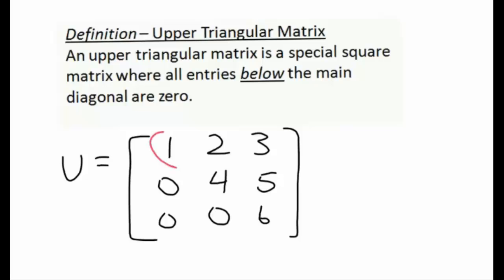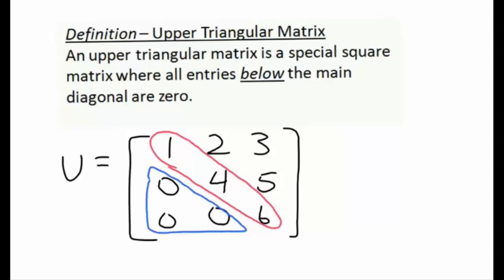Recall that this is the main diagonal of our 3 by 3 matrix, and what we are looking for is all of the entries below the main diagonal equal to 0. So this matrix U is upper triangular because we have a triangle of zeros below the main diagonal.